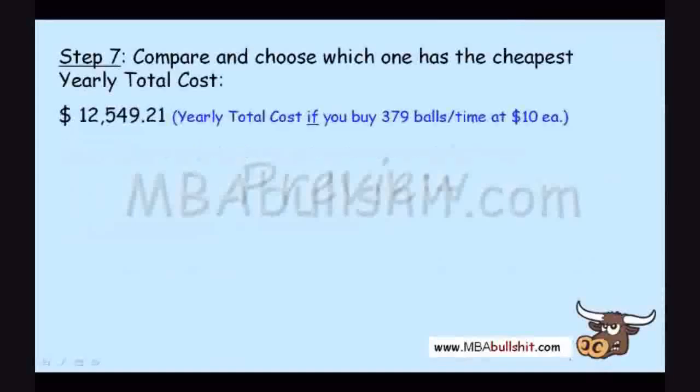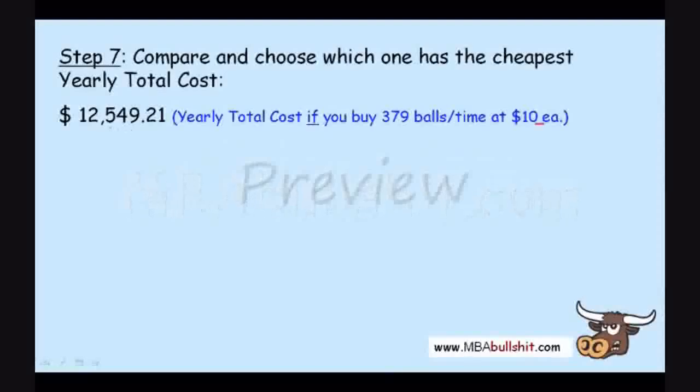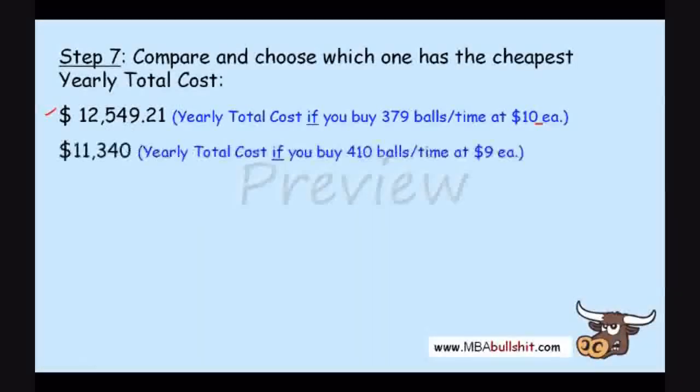So remember, at $10 each, our total yearly cost is this. We did that in step number 6. We also did this in step number 6. The yearly total cost, if Bob buys 410 balls at a time, is $11,300.